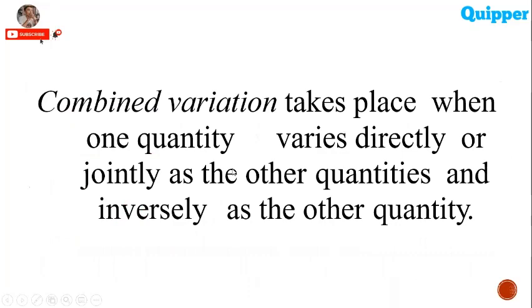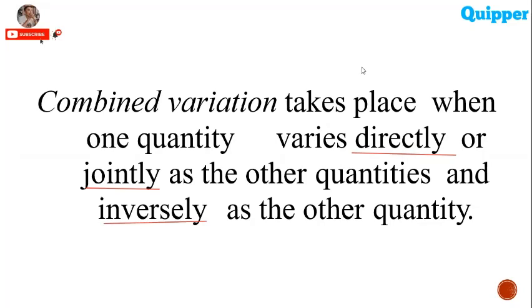Combined variation takes place when one quantity varies directly or jointly as the other quantities and inversely as the other quantities. So it can be direct combined with inverse or joint combined with inverse variations.